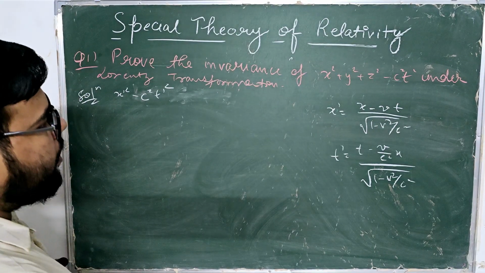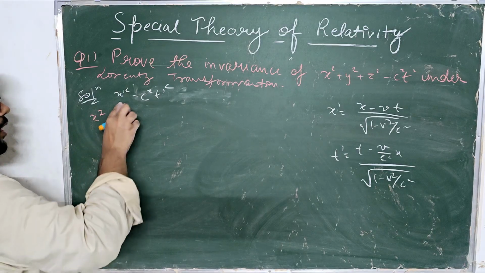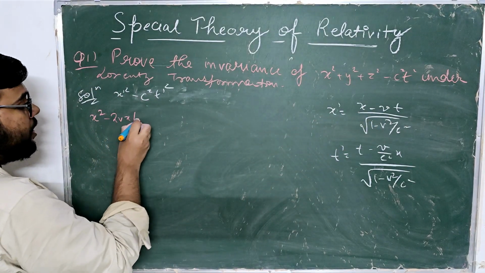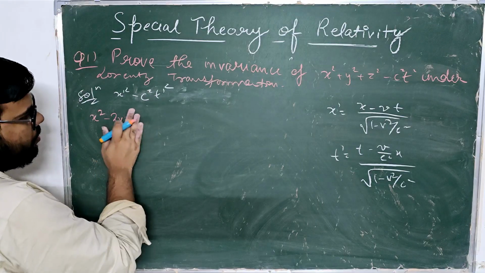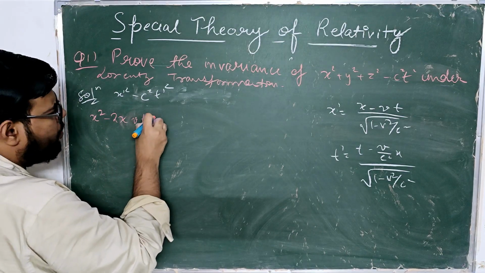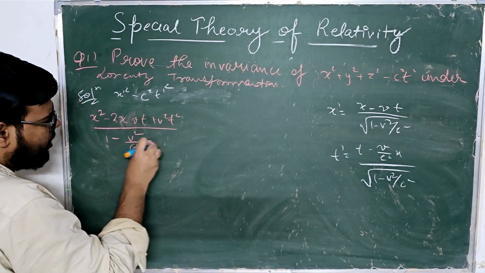Now what's x'²? x'² is basically equal to, squaring this term, (x² - 2xvt + v²t²) / (1 - v²/c²).